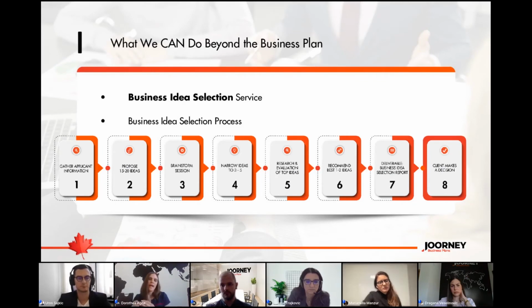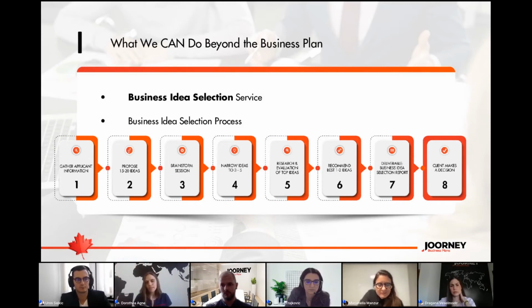So I think it's best if we could find something for the client that connects all three things: their preferences, the program that they've chosen, and that it promises good success in Canada. Because we're not just trying to get people to come to Canada, we also want them to be successful when they come here.